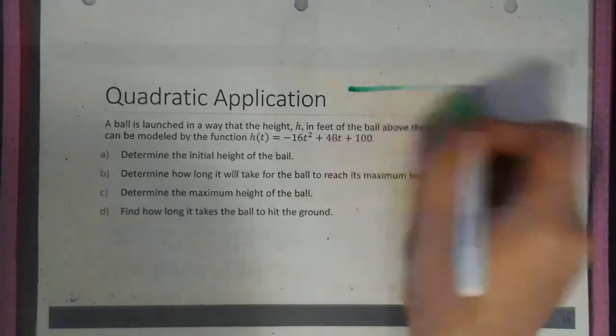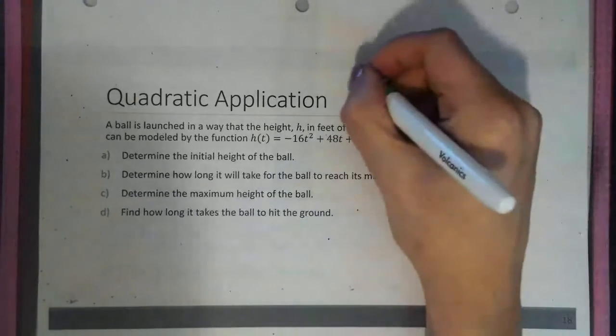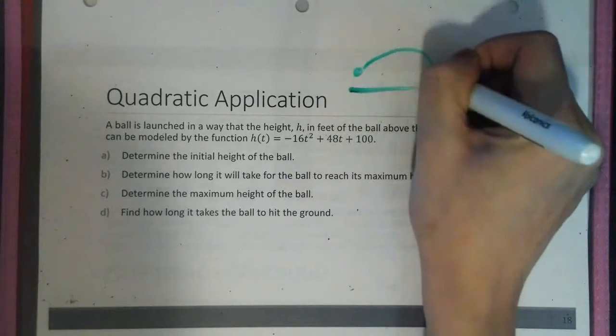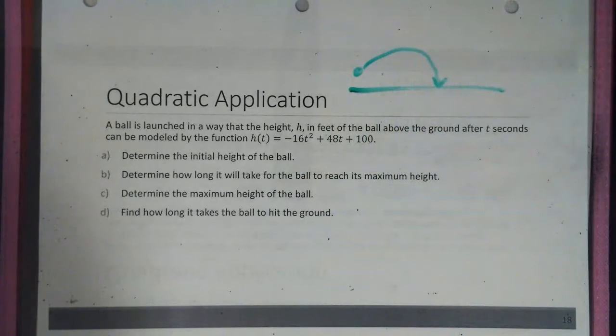So we have the ground, and the ball is launched, and then it's going to come hit the ground. Hey, that looks like a parabola. How convenient. We want to determine the initial height of the ball. We want to determine how long it will take for the ball to reach its maximum height. We want to determine the maximum height of the ball and find how long it takes the ball to hit the ground.